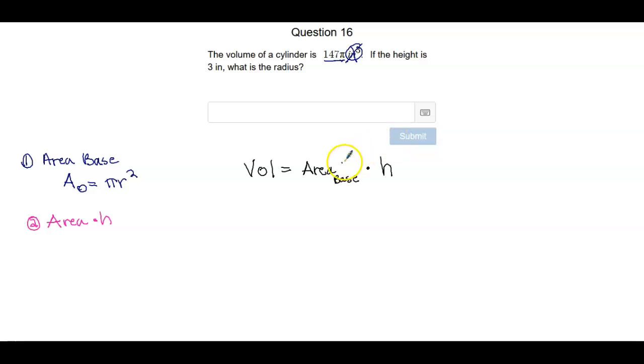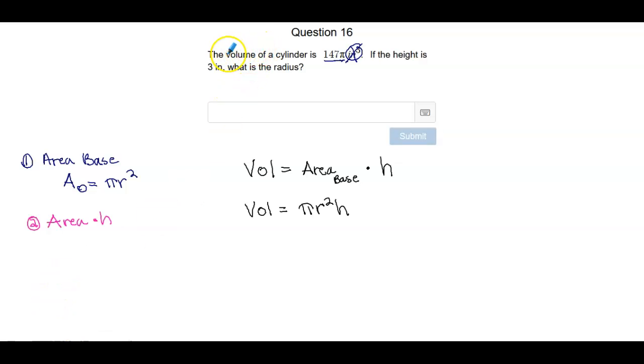In this case, the base is a circle. So really what we're saying is we need the volume to be equal to pi times radius squared times the height. And now we're just going to start picking and choosing what information we know so that we can start substituting values into those places.